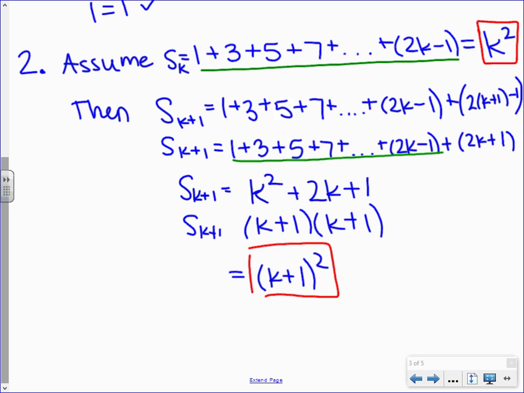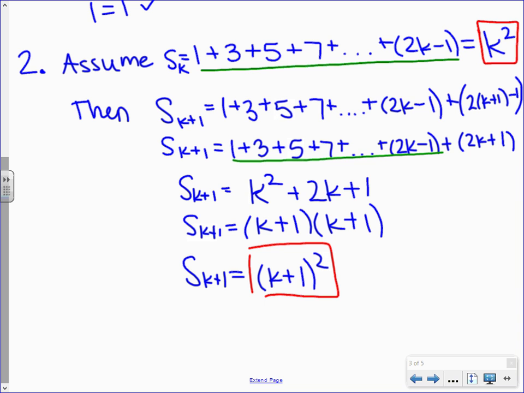And ladies and gentlemen, we made it. We took the K sum that equals K squared, and we showed that the K plus 1 sum was the K plus 1 squared.